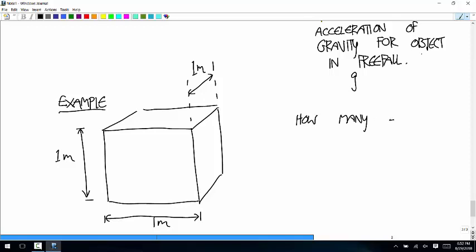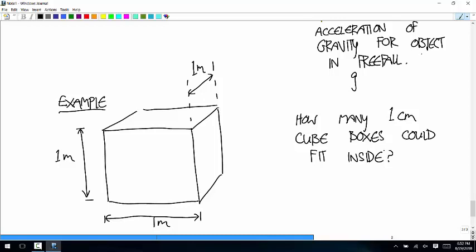How many centimeter cube boxes could fit inside?